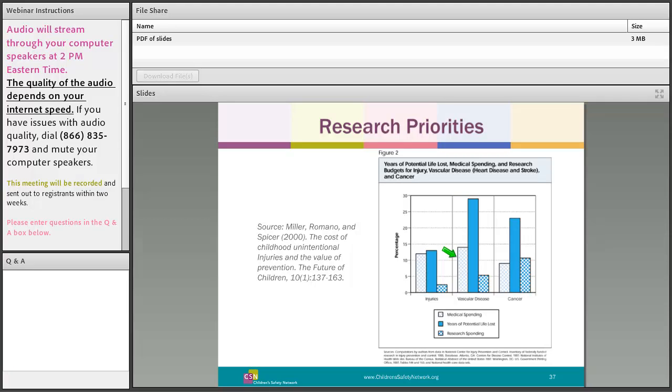In this case, we used burden as medical spending and a second measure, years of potential life lost, which are the 2 bars on the left, the solid blue and the light dotted blue, versus research spending for that issue, the checkered blue on the right. So this is one way we've used costs before.